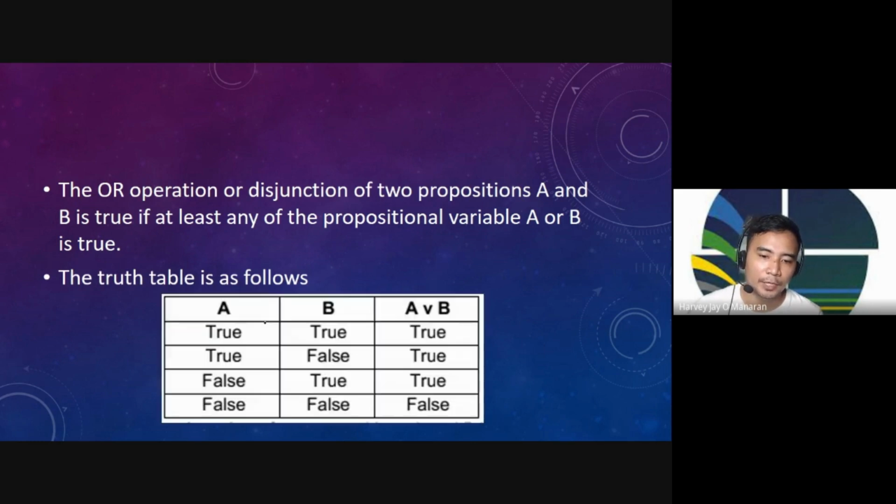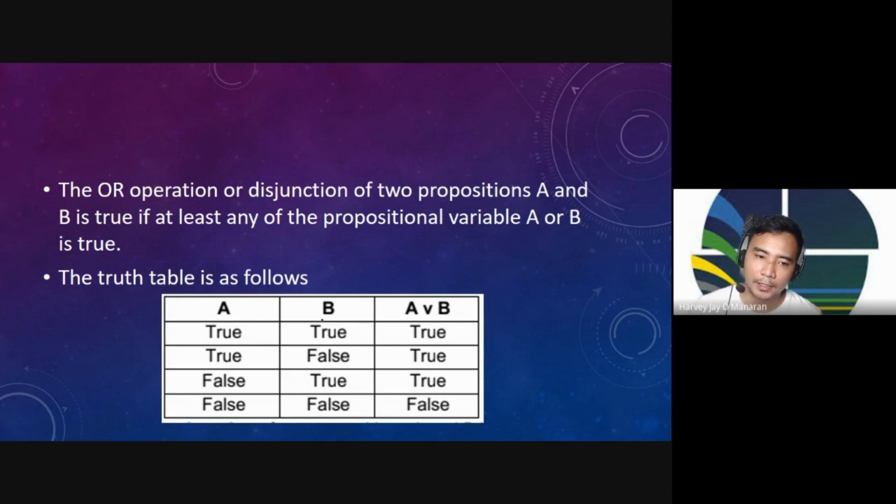Okay, so the truth table follows, A, B. We use conjunction and. True and true, automatically it returns the value of true. True and false, true. False and true, true. False and false, false.